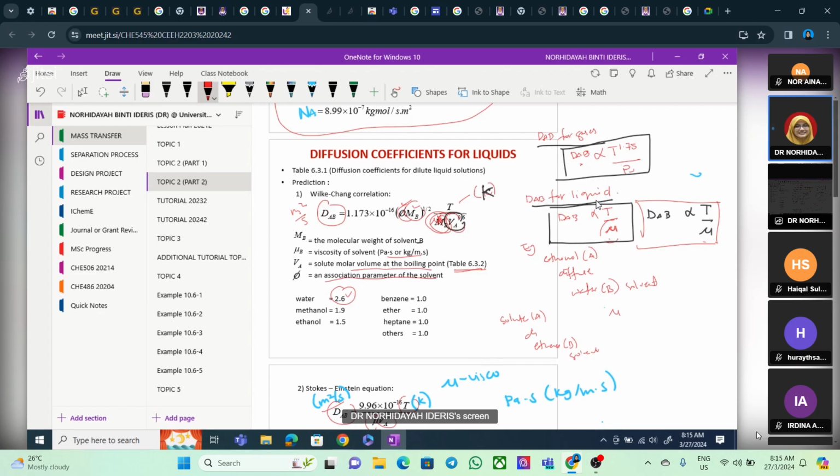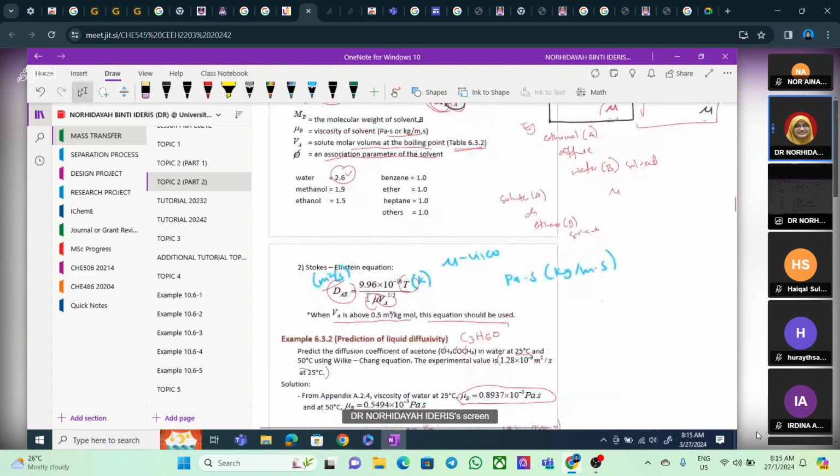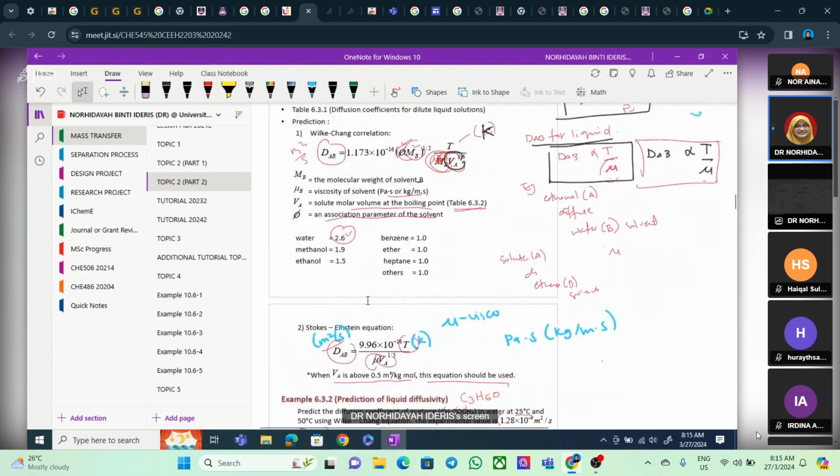Okay, so we have here the Wilke-Chang correlation and the Stokes-Einstein correlation. So to use this equation in order for you to get the DAB, please take note to follow the unit. Okay, so we would like to have the DAB in the unit of meter square per second.